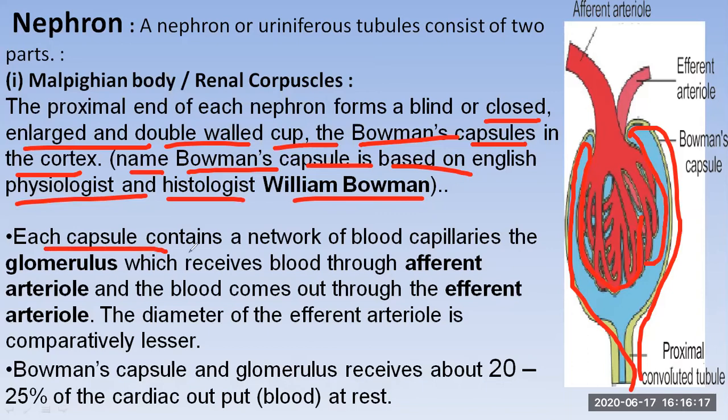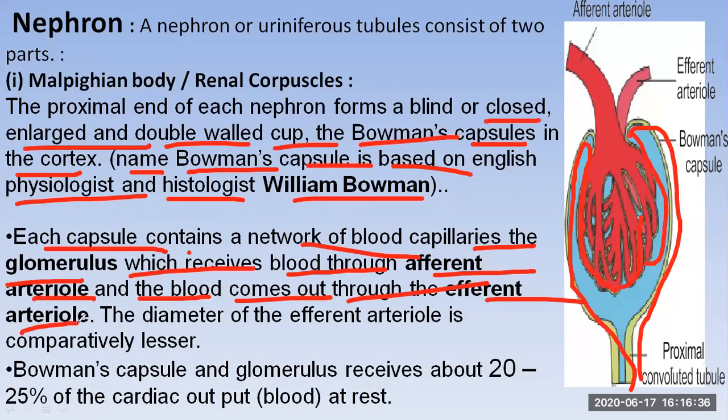Each capsule contains a network of blood capillaries, which I already told you is the glomerulus. The glomerulus receives blood through the afferent arteriole, and the blood comes out through the efferent arteriole.